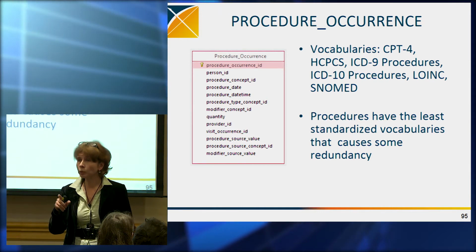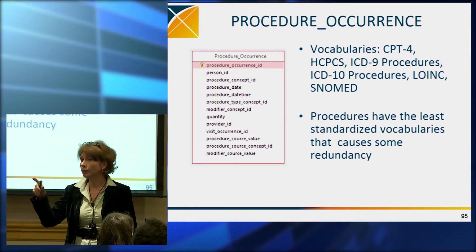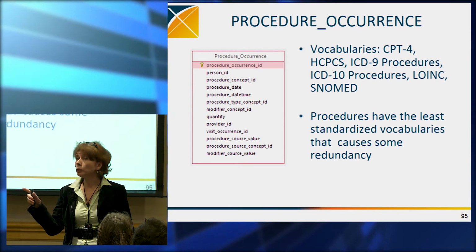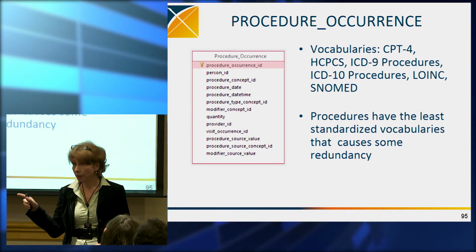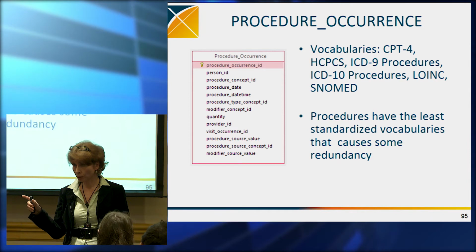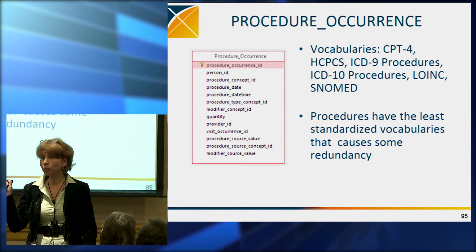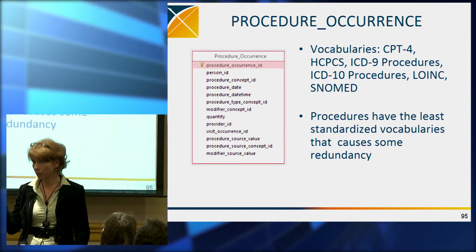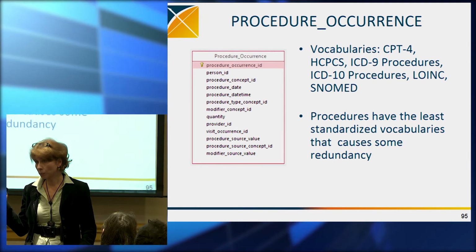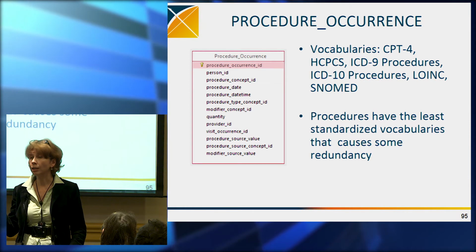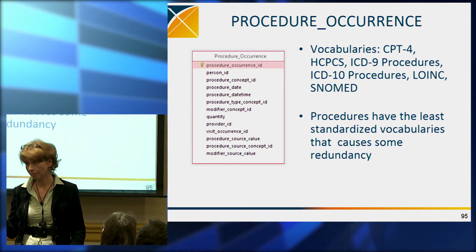But the linkage between the source code and the standard concept ID will prescribe which domain this record has to go to. And there are mixed domains too. You will find a small subset of concepts in the terminology that have these mixed domains.